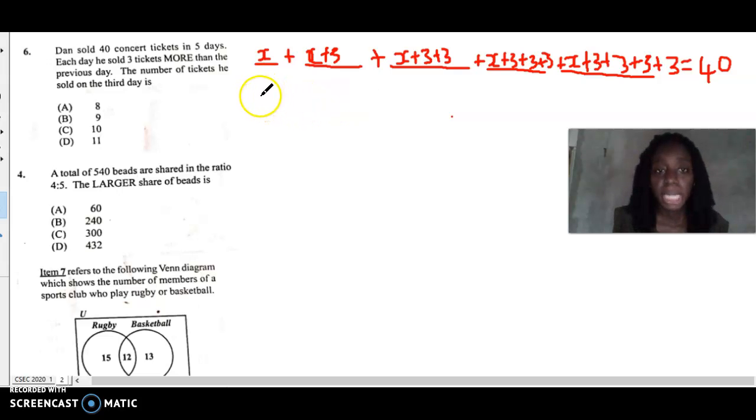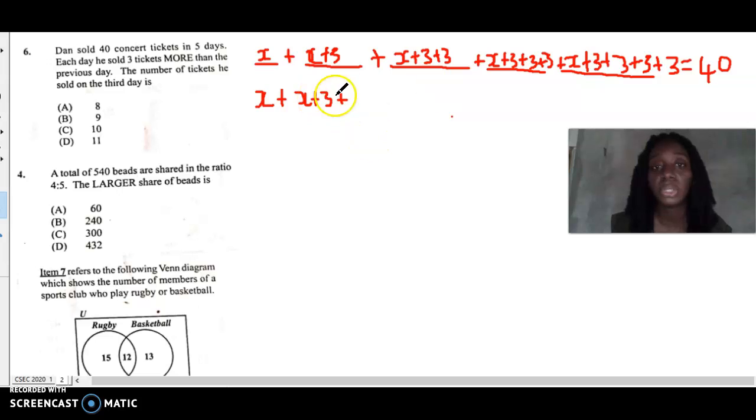So on day 1 he sold X. On day 2, that's X plus 3. On day 3 he sold X plus 3 plus 3.